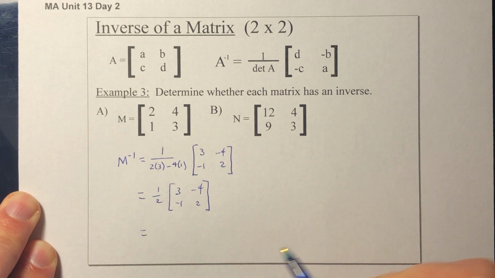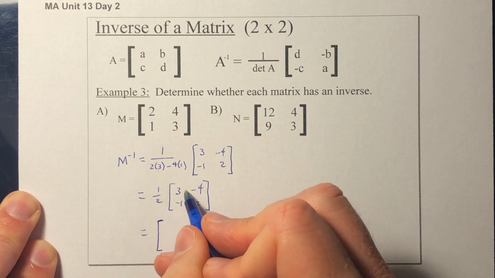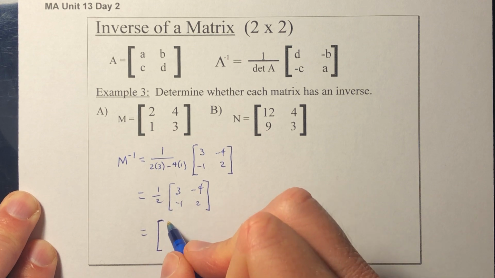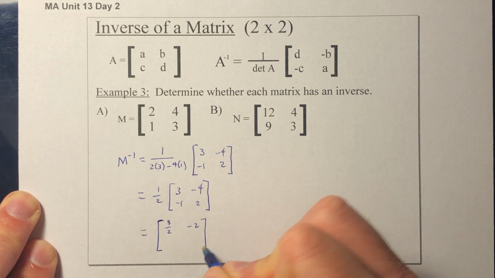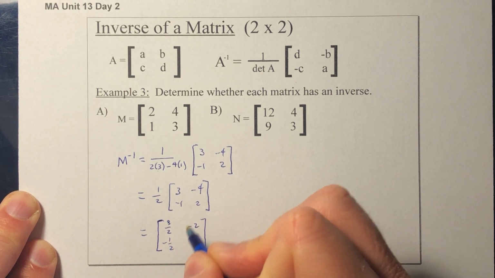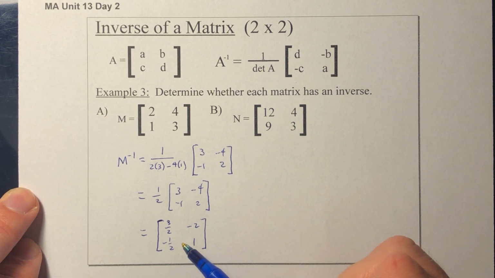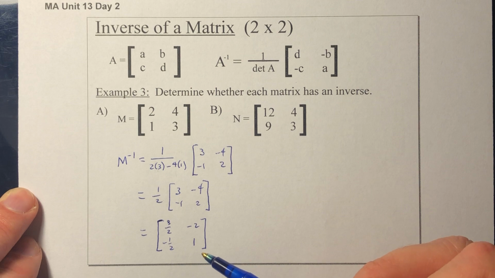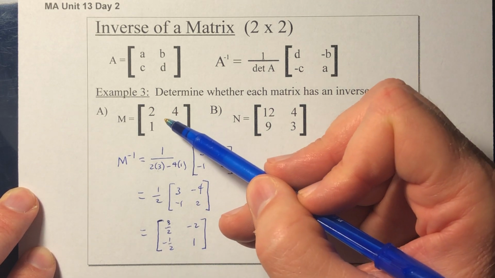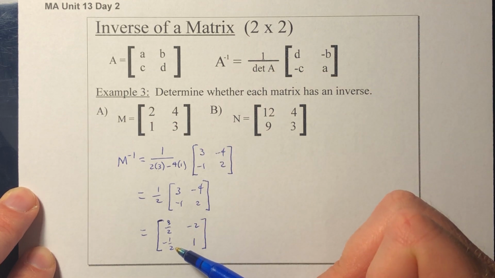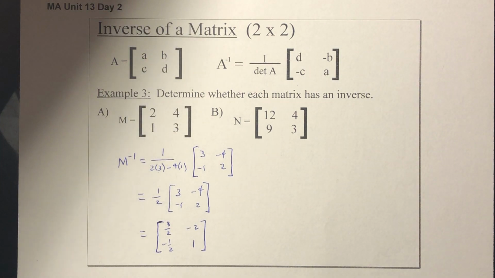So now if we take 1/2 times each of those, and you can keep it as a fraction or change it to a decimal, it doesn't matter, but we're going to multiply all the way through, so that will give us 3/2 there, -2 there, -1/2 here, and 1 there. So that would be your inverse of matrix M. Now, if you were to take this matrix times this matrix, that would give you your identity matrix. So kind of keep that in mind.